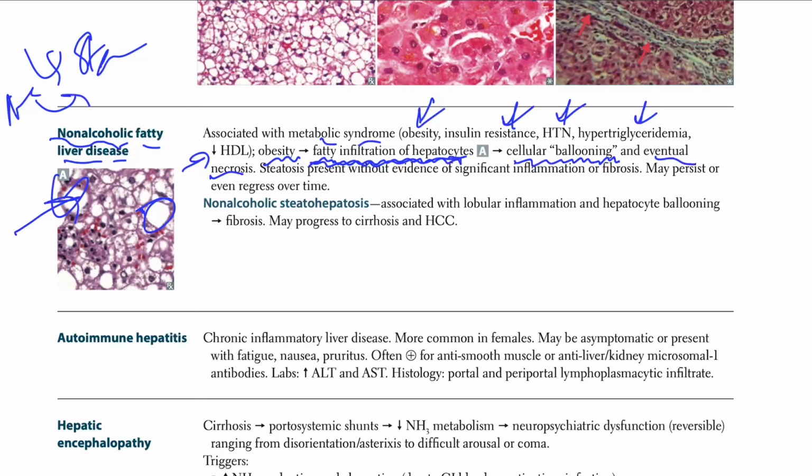Because when you have the cellular ballooning, the normal mechanism of the cell cannot work, so they are going to go into necrosis. And steatosis means present without evidence of significant inflammation or fibrosis.